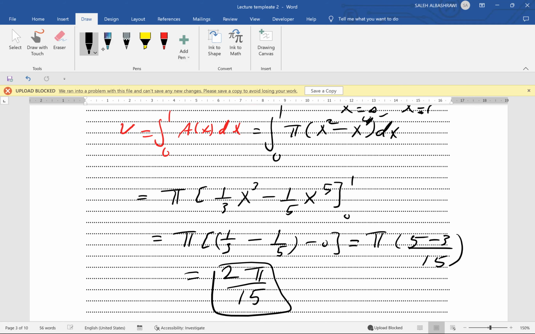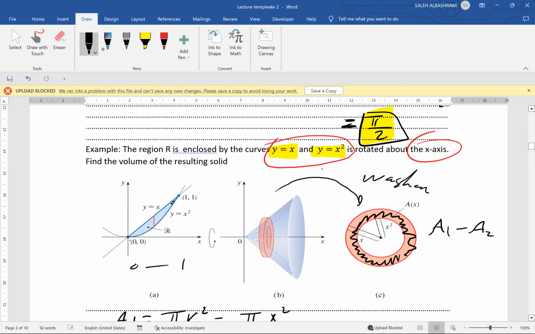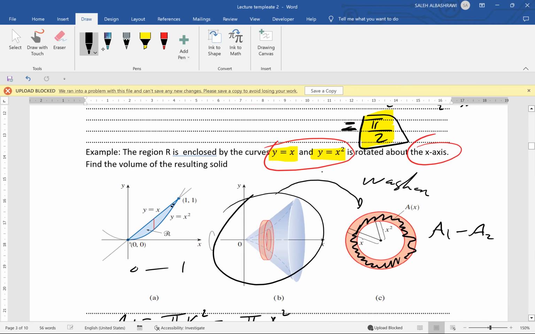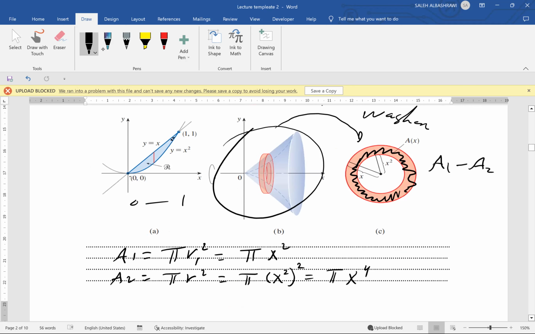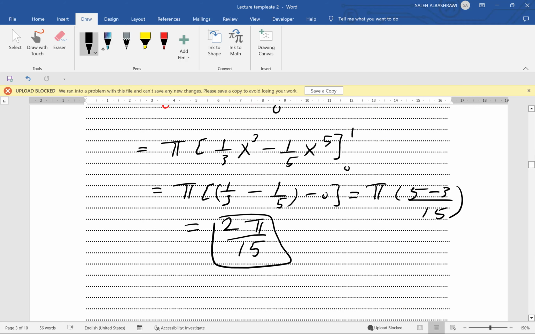So for this shape, by rotating about the x-axis, the volume is equal to 2 pi over 15. And we can write the unit as a cubed unit, whether centimeter, meter, inch or whatever, just a cubed unit.